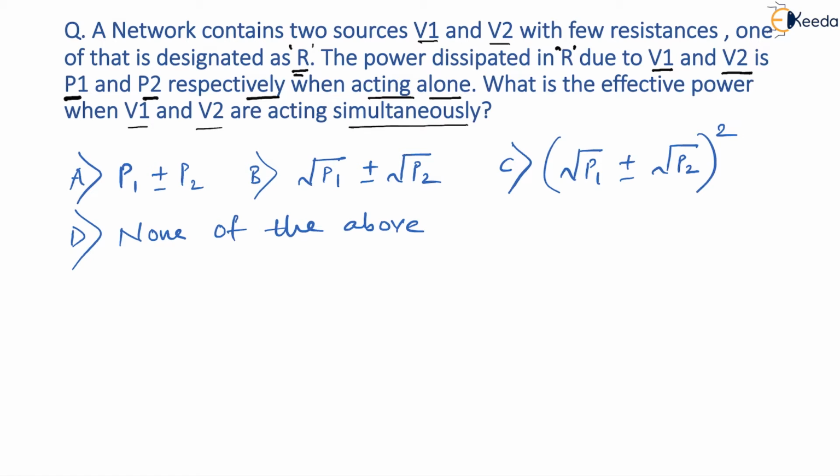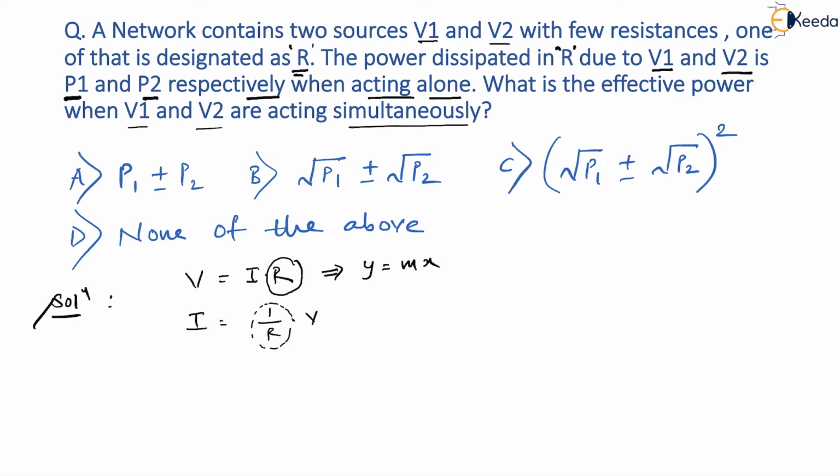So from where has this non-linearity come? Let me explain. When it comes to voltage or current, V is given as I into R, and I can consider this a linear equation, because if R is constant, it resembles Y equal to mx. Similarly, I is equal to 1 by R into V, where 1 by R is constant, again resembling Y equal to mx.